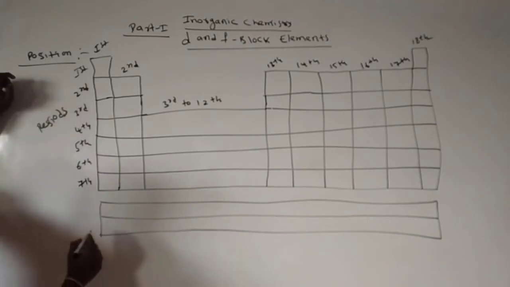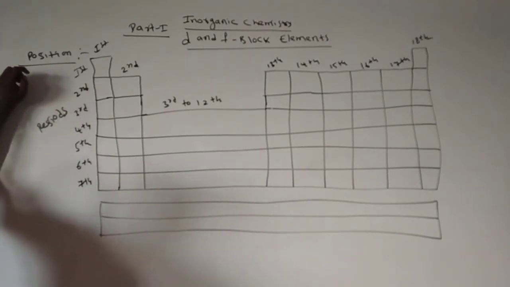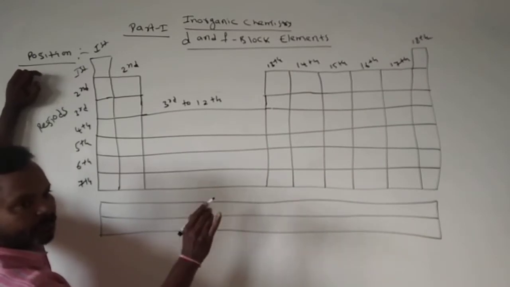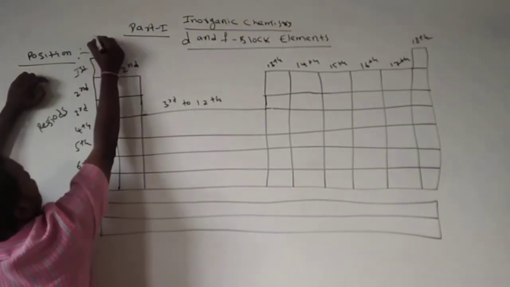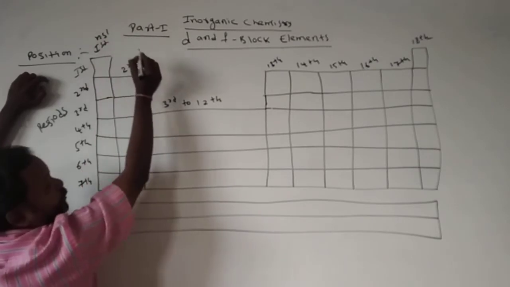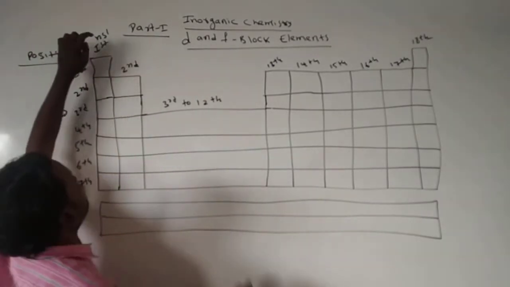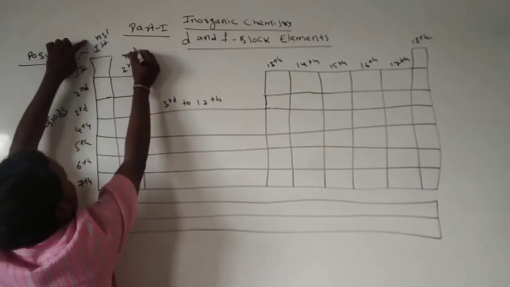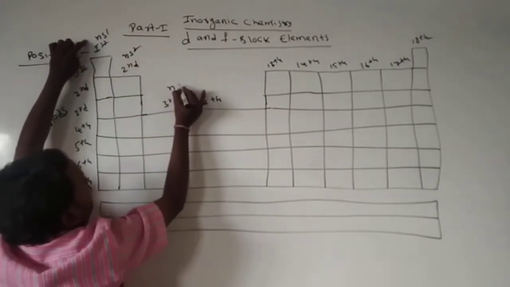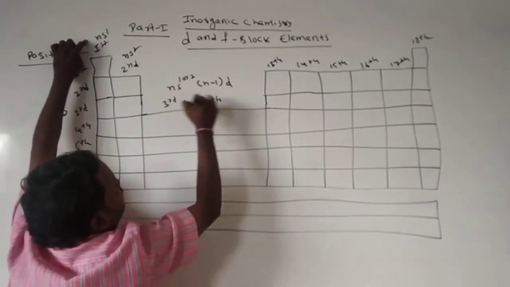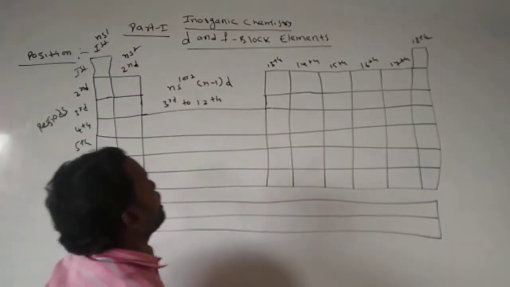First I want to write the electronic configuration of these. It's purely based on electronic configuration, the outermost electronic configuration. The common outermost electronic configuration is ns1, here ns2, here ns1 or 2 with (n-1)d.